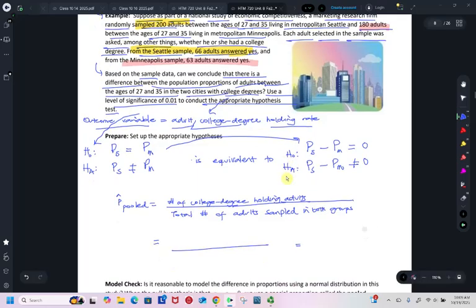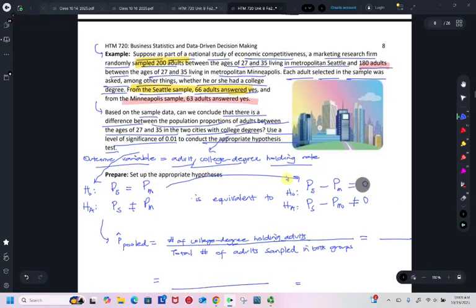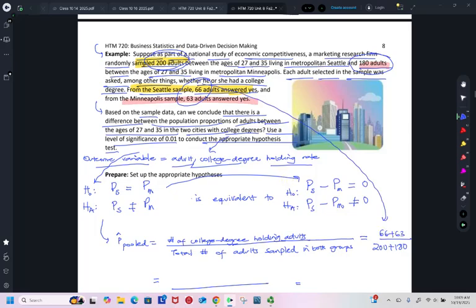So the next step would be to calculate the pooled proportion, which means we'll pool together the two groups. We pooled 200 adults from Seattle plus 180 from Minneapolis, and from both groups we have 66 plus 63.